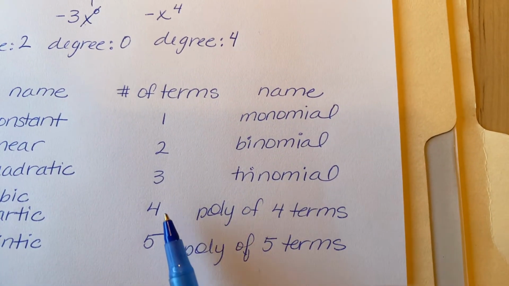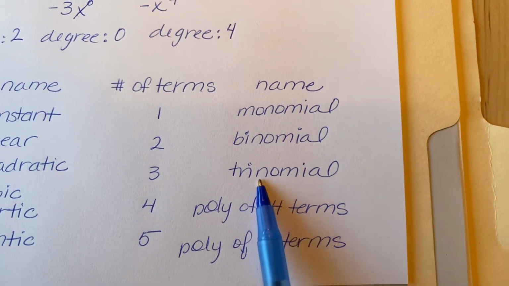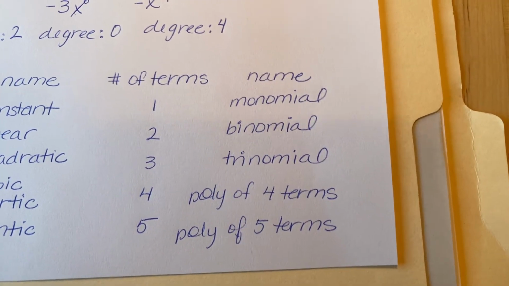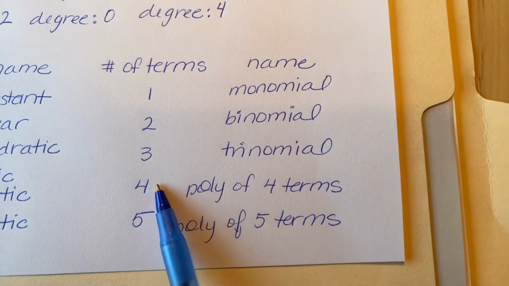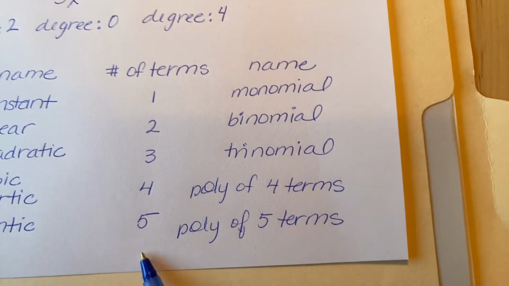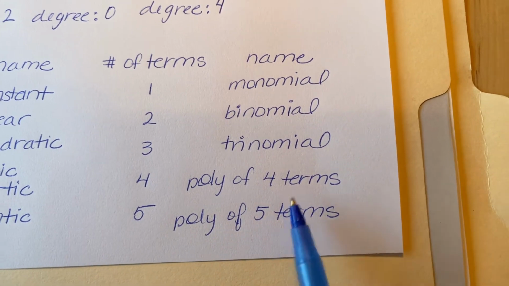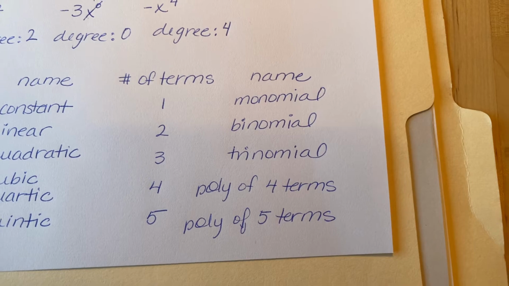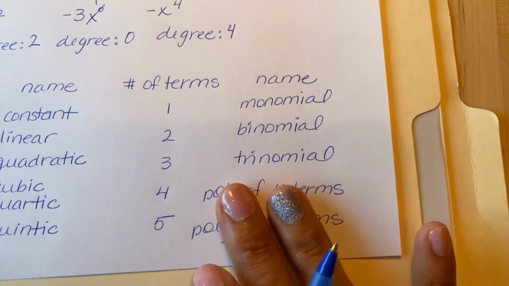Or a tripod, it has 3 legs. So mono, bi, tri, this comes very natural to you. You're used to it. We didn't have problems with this. 4 is a polynomial, 4 terms. 5 is a polynomial, 5 terms. 6 would be a polynomial, 6 terms. So after 3, you just call it what it is, what you see. Polynomial, 4 terms. Polynomial, 5 terms.